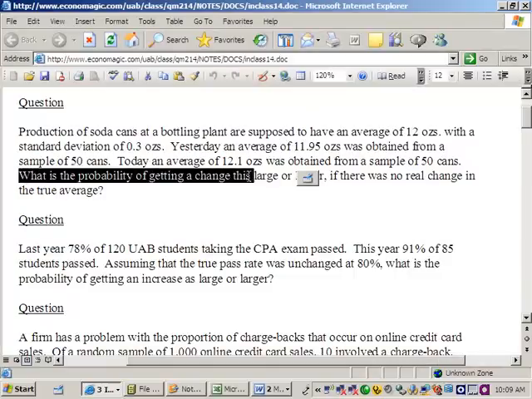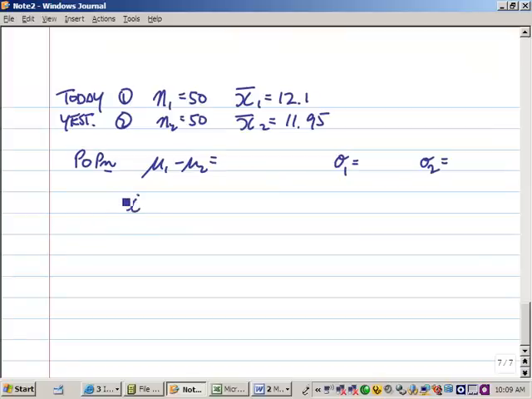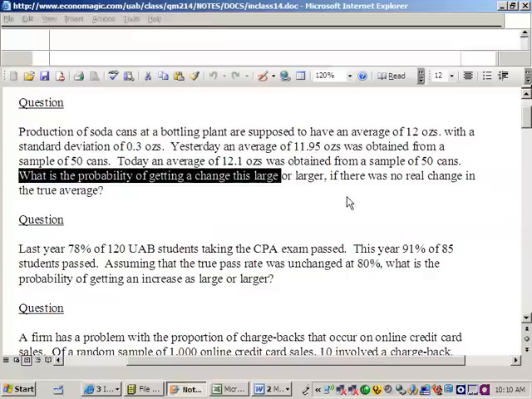Alright, what's the probability of getting a change this large or larger? Well, that means that our limit x bar 1 minus x bar 2, 12.1 minus 11.95, that's 0.15. So that's the change, the difference. What's the probability of getting a change this large or larger? Alright.